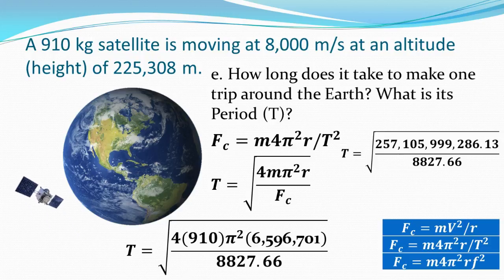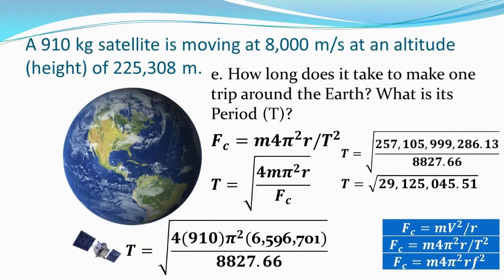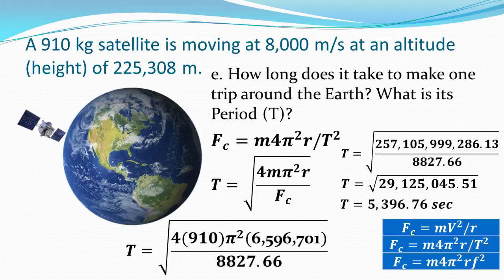So I'm going to multiply and take my exponents up top. Now I'm left with one value in my numerator, one value in my denominator. It's a lot easier to divide those when they're each simplified. Divide top by bottom to get a final answer there. Remember to take the square root. That's my last step in using this formula. It takes about 5,396.76 seconds.